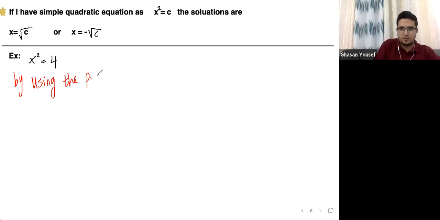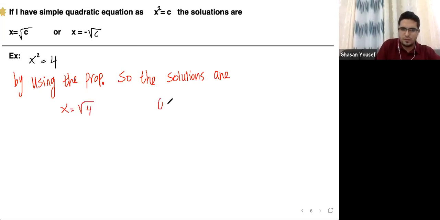the property above, this one. So the solutions are x equals the square root of 4 or x equals the minus square root of 4.